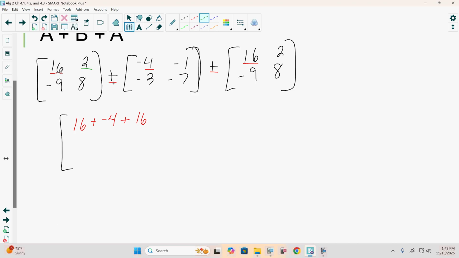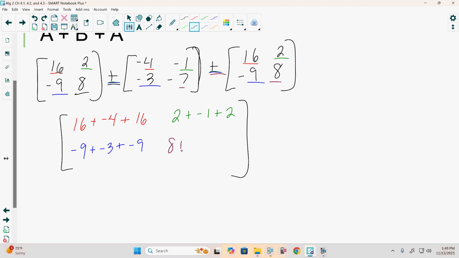The same with our next one. We're doing 2 plus negative 1 plus 2. Our next one is negative 9 plus negative 3 plus negative 9. And lastly, we have 8 plus negative 7 plus 8.